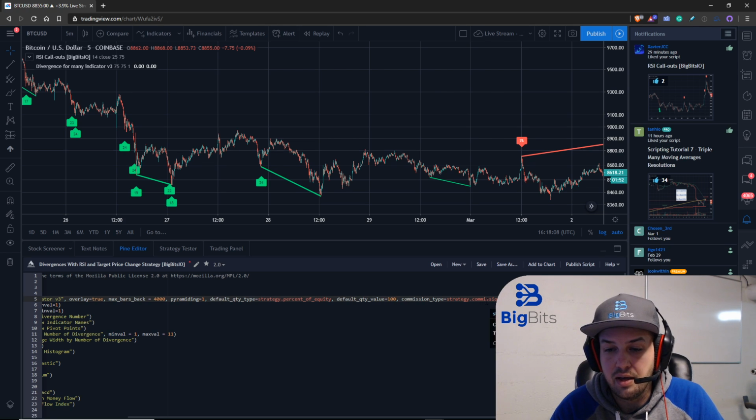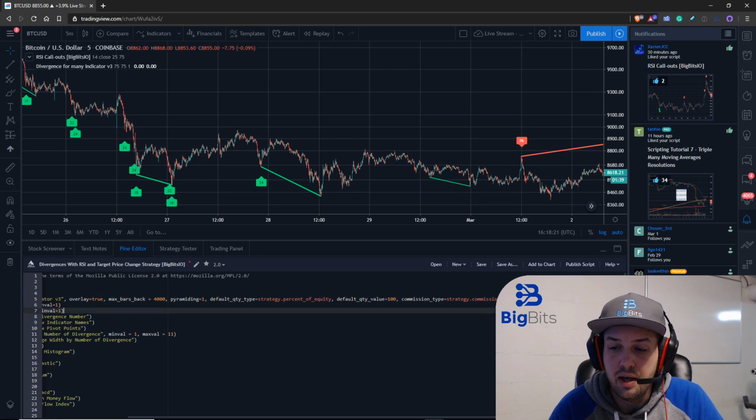We're using a commission. These help you calculate fees into the performance summary of the trades, so you can see what's going on. We're going to use 0.1%, which is Binance fees, and we're not going to have any slippage, although you're probably going to have slippage, especially if you're using market orders here.